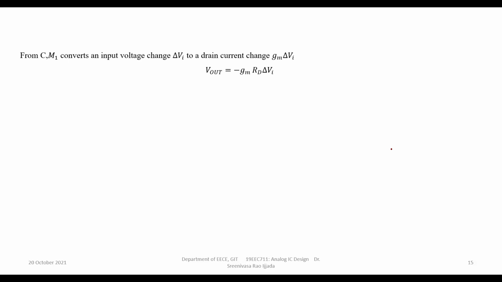Remember this one. What is M1? M1 is a MOS transistor which can convert the input signal Vin into the corresponding GM value. How can you say GM value? Because the GM value is holding the Vin value.